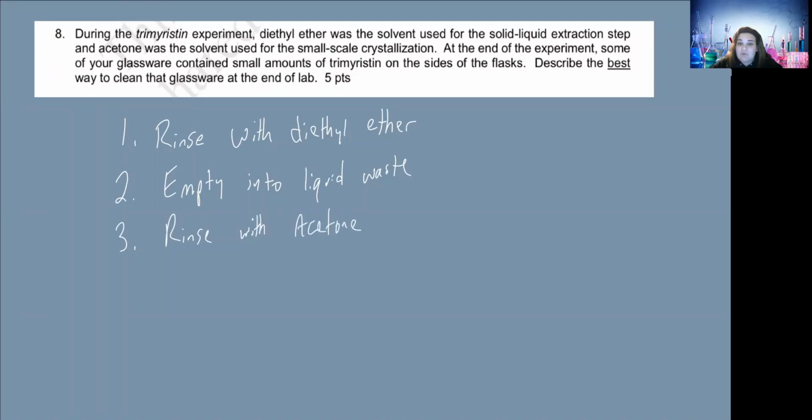We rinse with acetone because, as you've noticed in all the labs we performed, anytime we are rinsing glassware at the end, we use the acetone that's right there in those squeezy bottles. Rinse with acetone, dump it, and then rinse a little bit with water, dump it, and then clean it. So here we rinse with acetone and dump that into liquid waste.